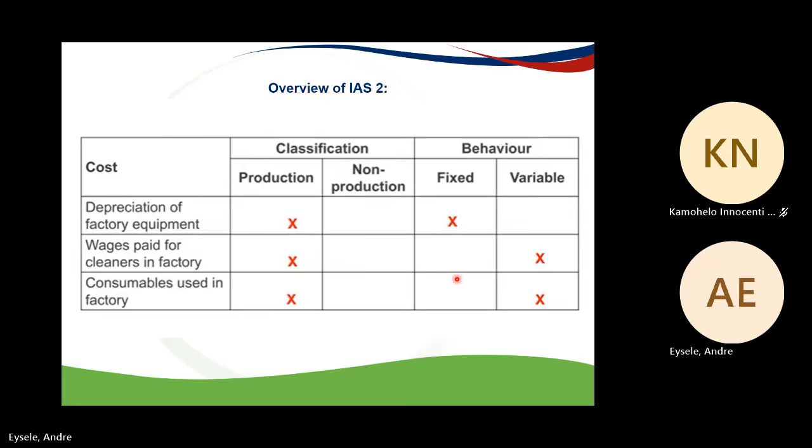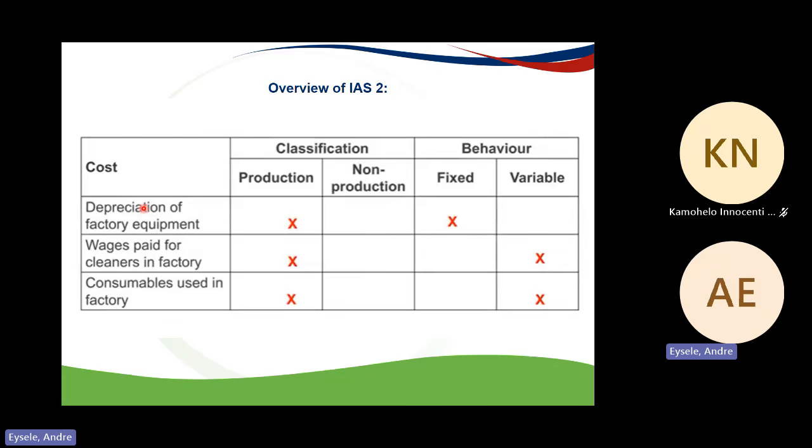So this is just a classical example of how we can differentiate between the depreciation of factory equipment, which will form part of production but is fixed. That's their behavior.